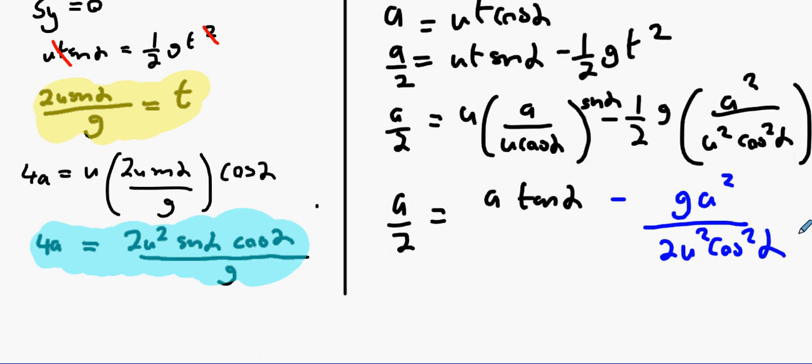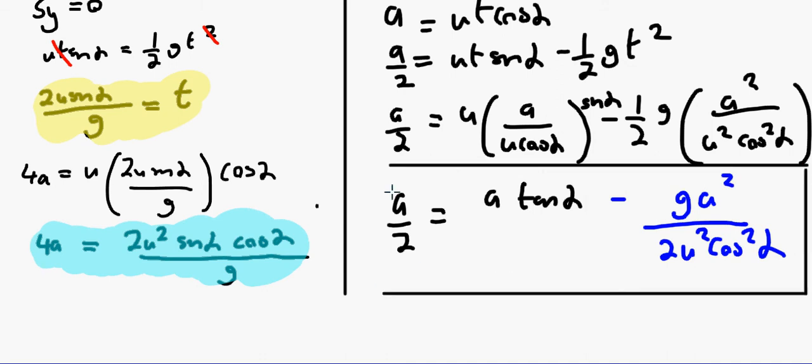You're now here and you're going, this is about how many variables do I have in that equation alone? I think I have U, A, and alpha, don't I?